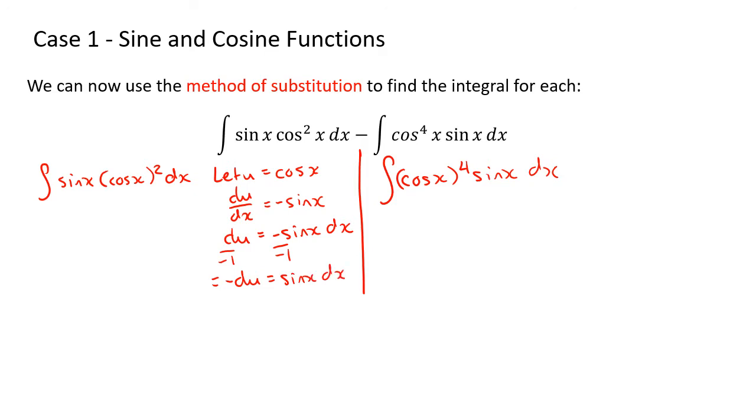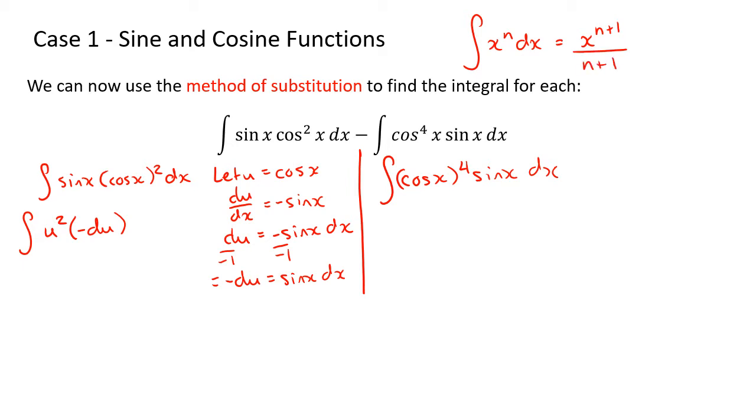Okay? If we substitute those in, we then get the integral of u squared times negative du, right? So using the power rule, remember the integral of some function to the exponent n is equal to that same function to the exponent n plus 1 divided by that same exponent n plus 1.